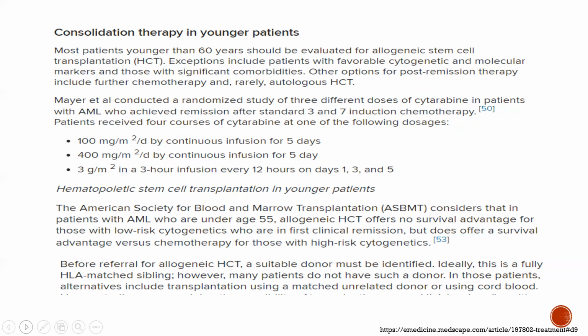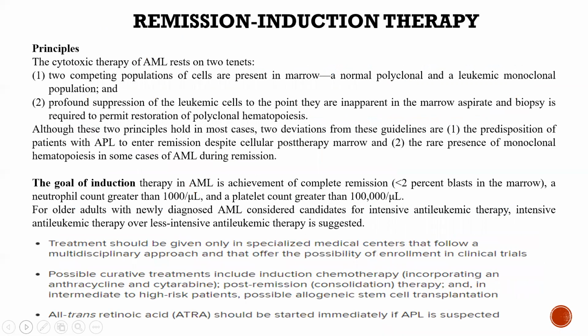Before referral for allogeneic stem cell transplantation, a suitable donor must be identified, of course. Ideally, this is a fully human leukocyte antigen matched sibling. However, many patients do not have such donors. So in those patients, alternatives include transplantation using a matched unrelated donor or using cord blood if available.